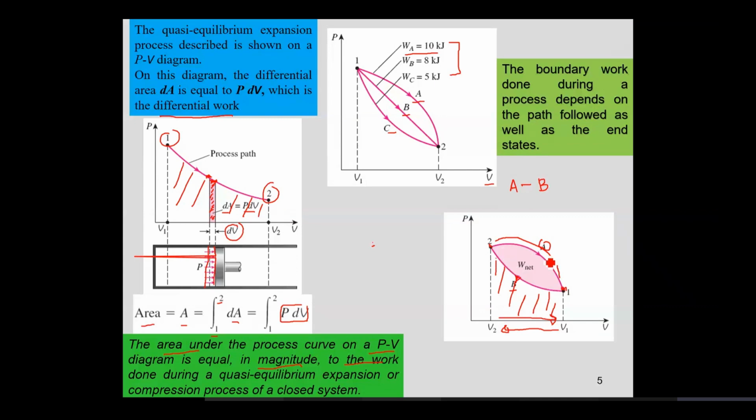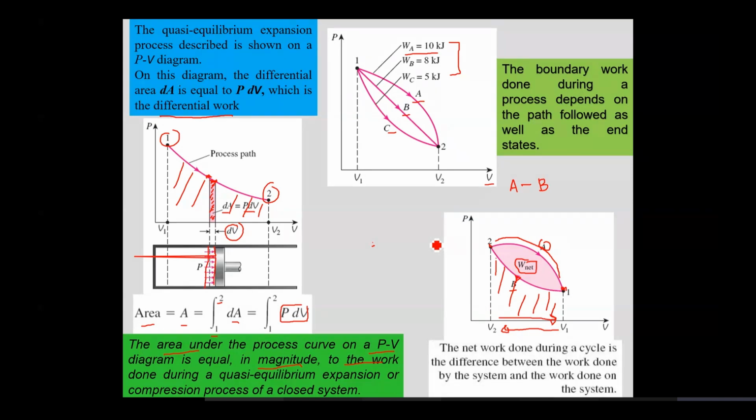As I go from 1 to 2 and 2 to 1, I have completed a cycle, and the cyclic process would result in some net amount of work done. Now, depending upon the nature of the cycle, you can say that this net work is available to you, or this net work has been done by you, depending upon the direction of the cycle. So the net work done during a cycle is the difference between the work done by the system and the work done on the system.